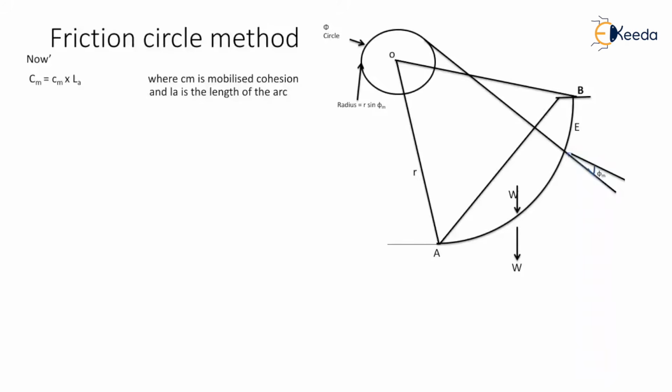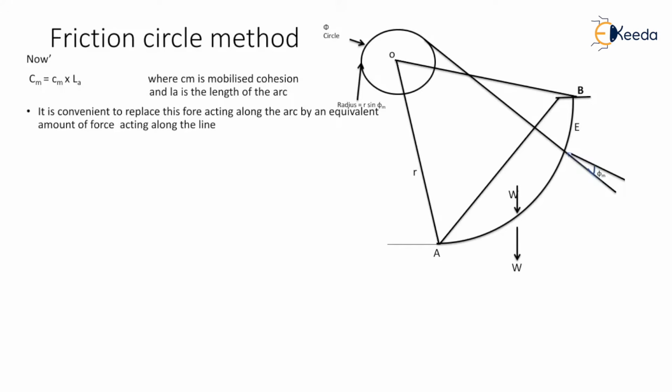Now, capital Cm is equal to small cm into La, where small c suffix m is the mobilized cohesion and La is the length of the arc. So, multiplication of cm into La gives total cohesive force, that is capital Cm. It is convenient to replace this force acting along the arc by an equivalent amount of force acting along the straight line.